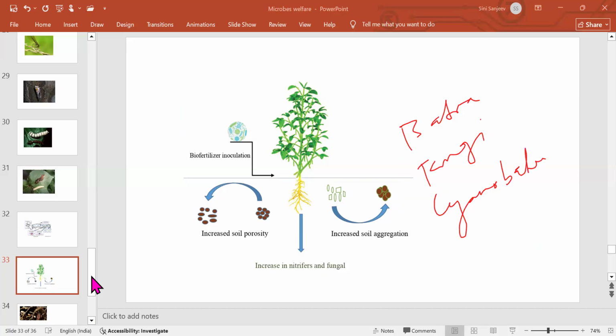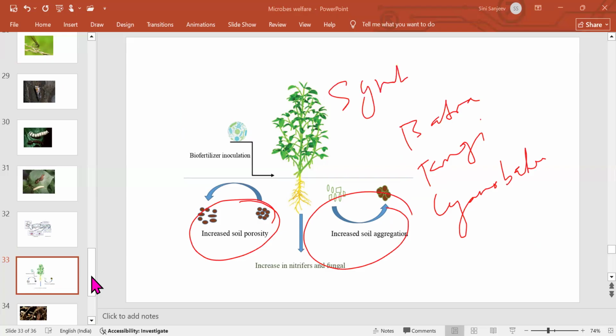Whenever a biofertilizer is introduced to the soil, it increases the soil porosity as well as the aggregation. Plus, there is a good thing happening there, which is called symbiotic association. Let's see some examples.